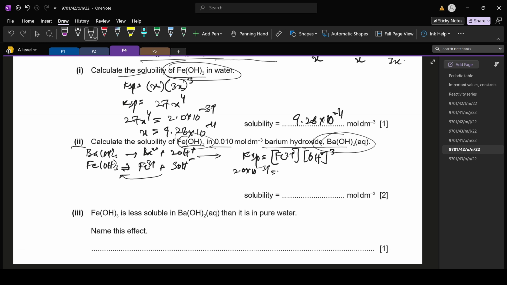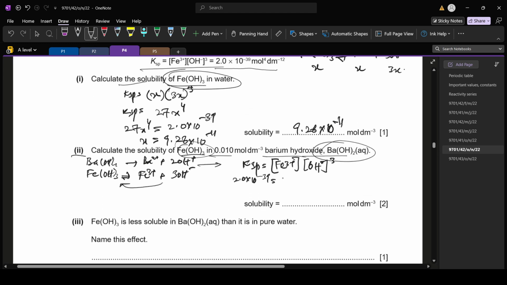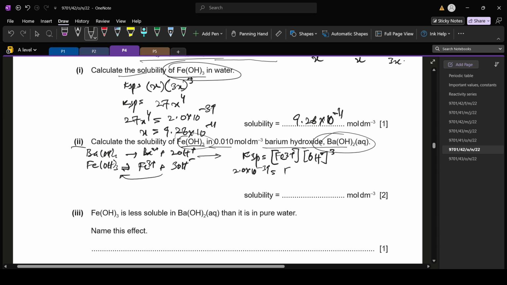minus 39 is equal to, in this question you are not sure what the concentration of Fe3 plus ions is, so you have to find it. And the concentration of OH ion will be 0.02. Why 0.02?